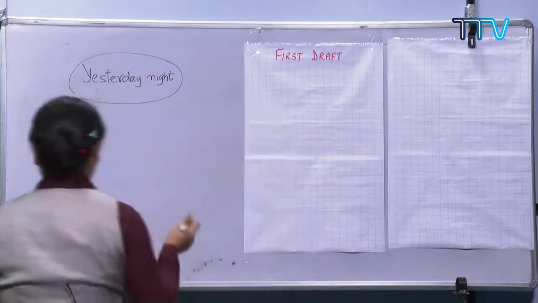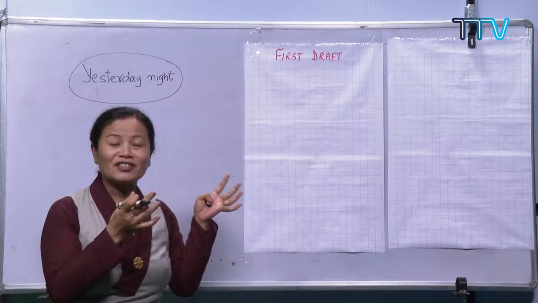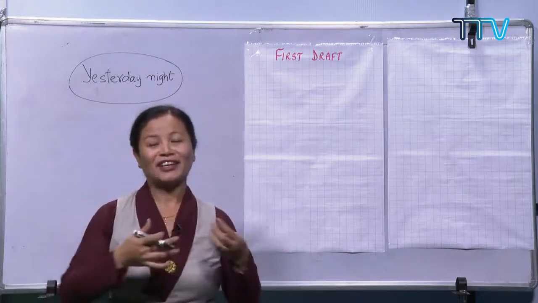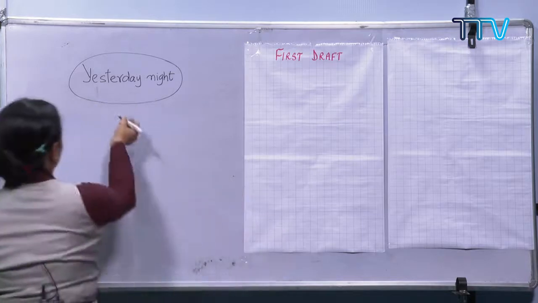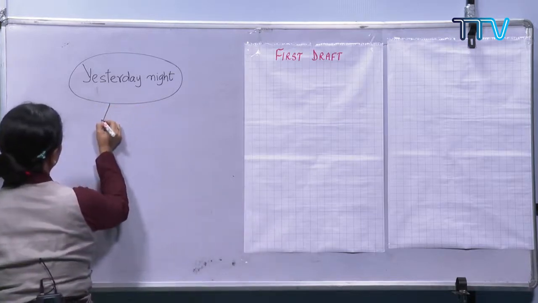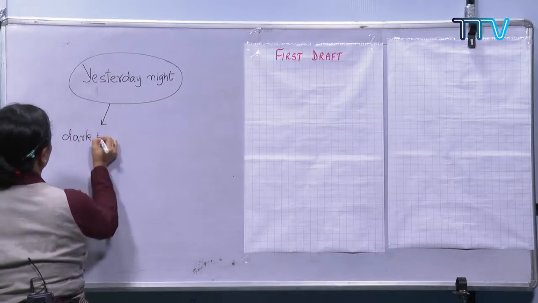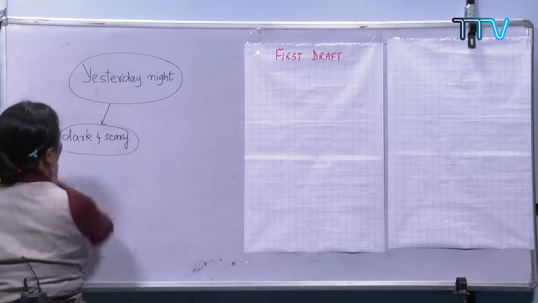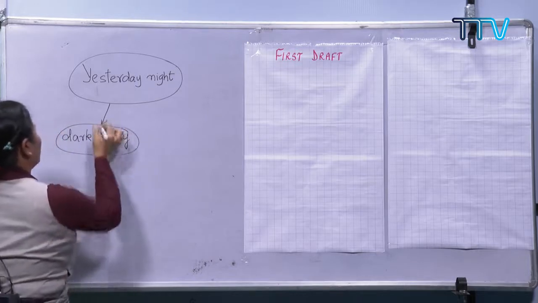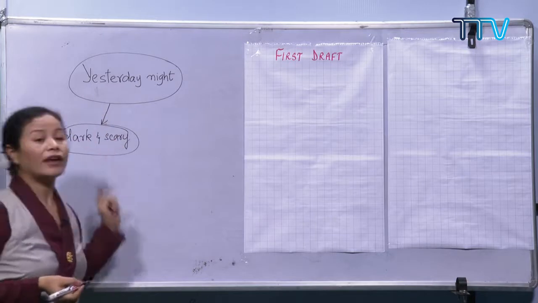Whatever I'm writing here is based on the event that happened. I'm just narrating it. So yesterday night it was... one of the points that came to my mind yesterday night was dark and scary.